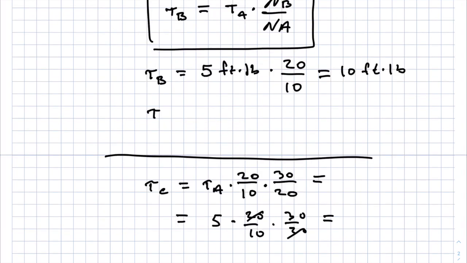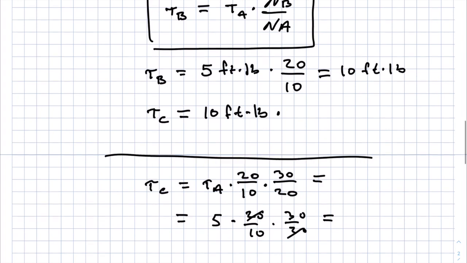So I could take the same approach for gear C, where I take a look at the driving torque. The driving torque was 10 foot-pounds of torque, times the number of teeth on gear C, which is 30, divided by the number of teeth on gear B, which is 20. So that works out to be 15 foot-pounds of torque.